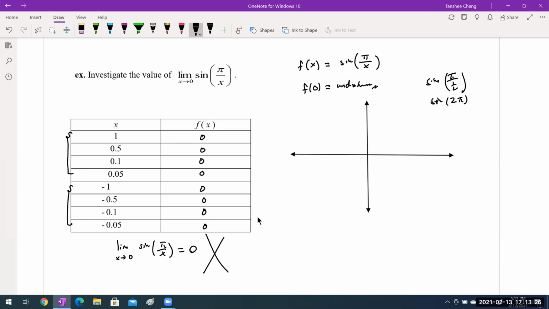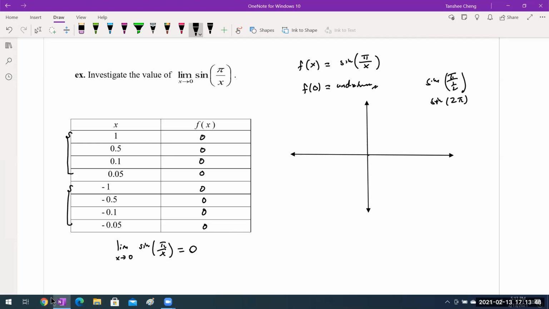This numerical method is a very good point of view to get an idea of what the limit is talking about, but not to use it to find the limits, because of a weird function like this. Let me show you how this graph is going to look.